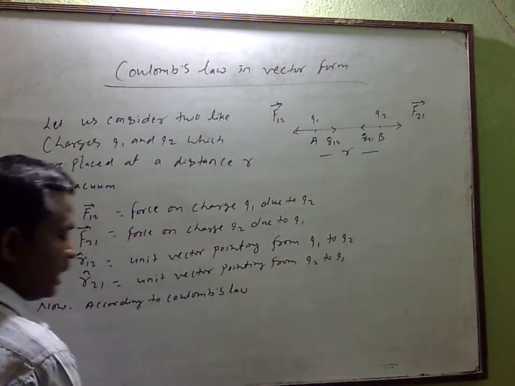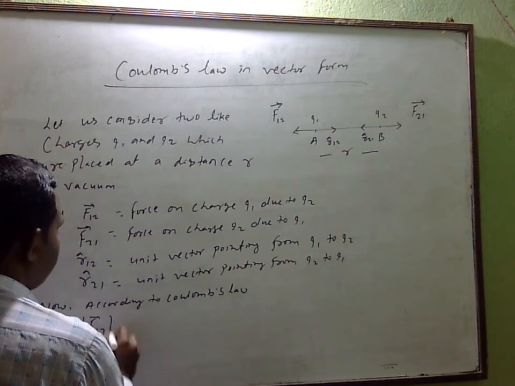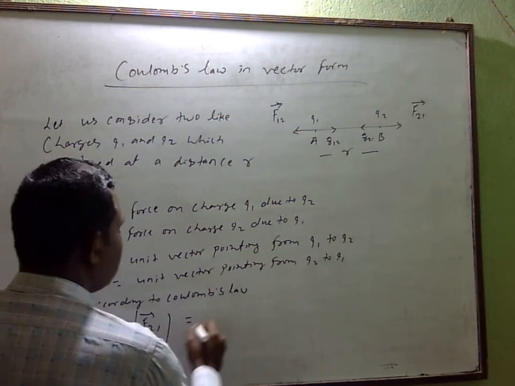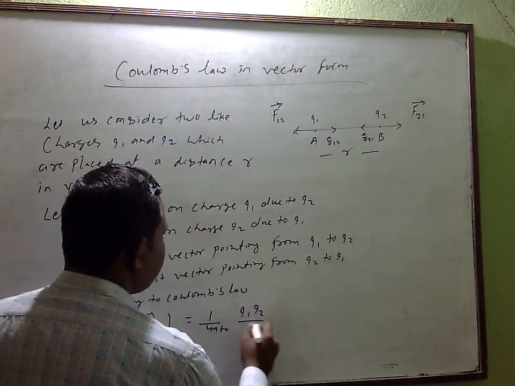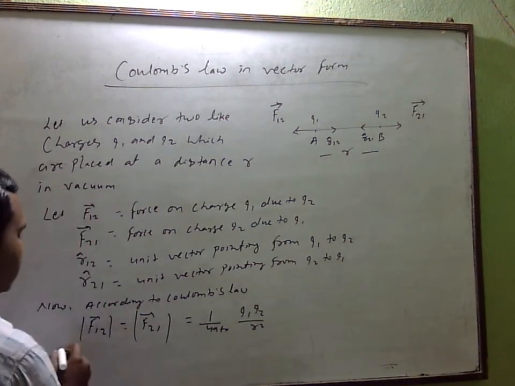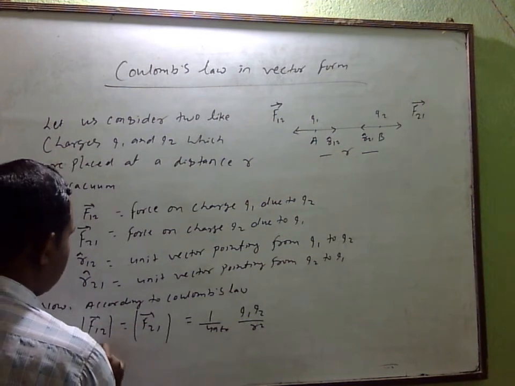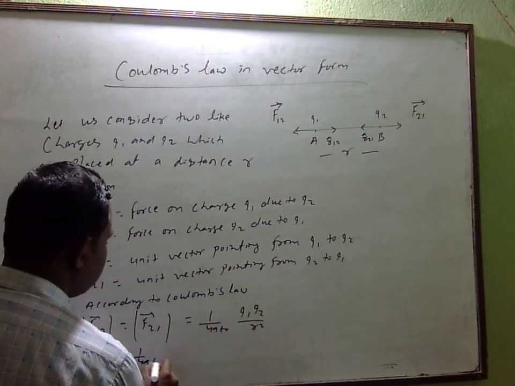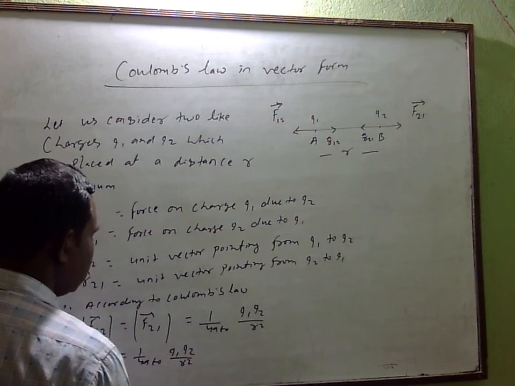You know that mod of F12 equals F21, and that will equal 1 by 4 pi epsilon naught Q1 Q2 by R square. This we can write because both have the same magnitude, or you can write separately the mod of vectors. Very good.